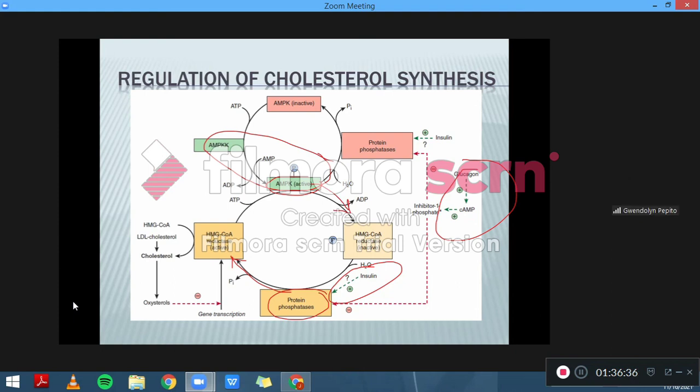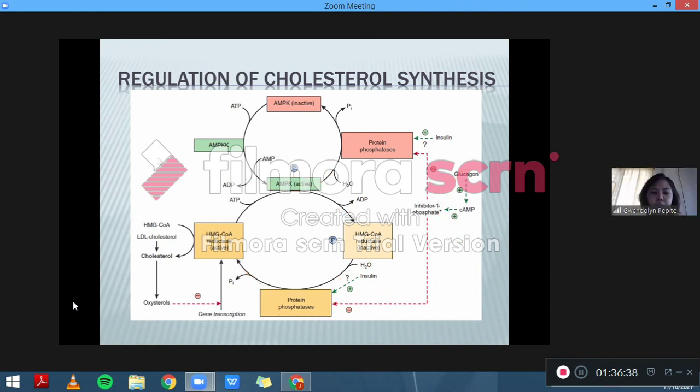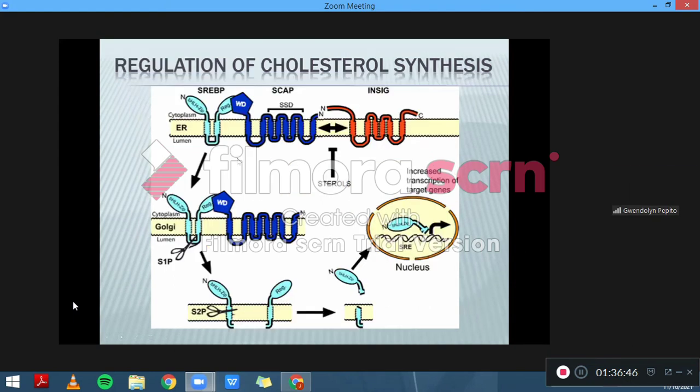Okay, thank you, Vaughn. No questions on that? This one shows you the role of SREBP and INSIG. SREBP is involved in the transcription of your enzymes for cholesterol production.